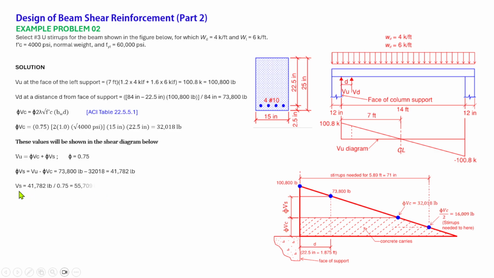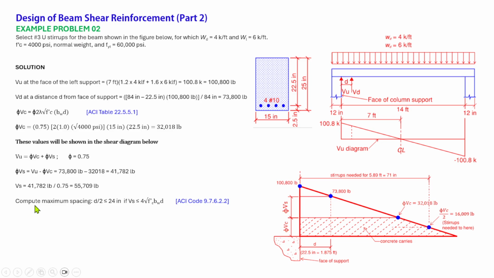To calculate the Vs, it is equal to 41,782 pounds divided by 0.75. So this is the value of Vs, 55,709 pounds. We are calculating this because we are going to calculate the spacing of the stirrups from the distance d from the face of the support.